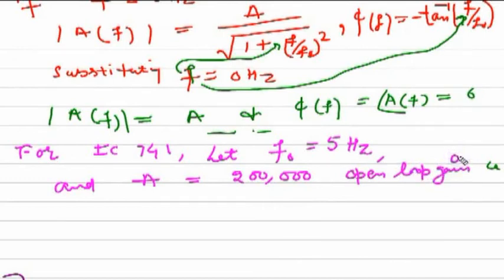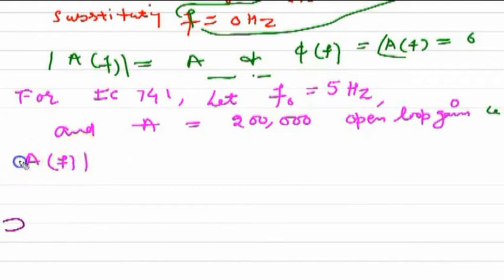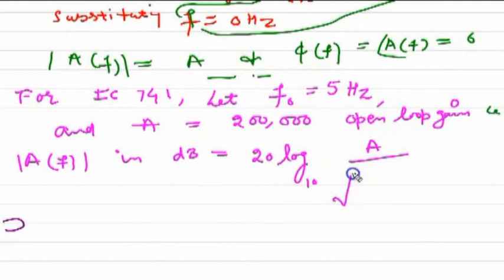Now for these constant values, A and f naught, let's find the magnitude of the gain at different frequencies in decibels. In decibels the formula is 20 log to the base 10 of A upon root of 1 plus f upon f naught whole square.